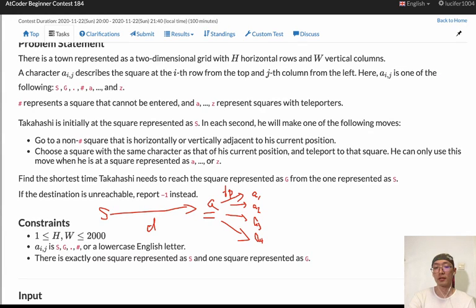So this is the first time we use the teleport A. And the minimum steps we can get here is D plus 1.